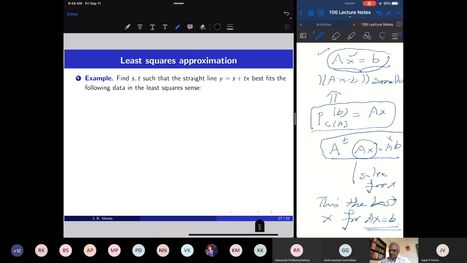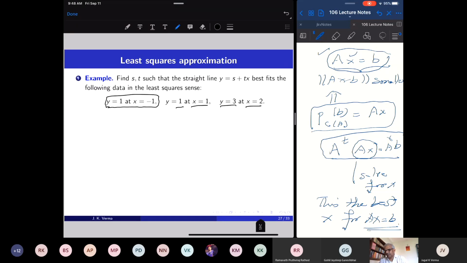All right, so let us take an example. Find s and t so that the straight line y equal to s plus t x best fits the following data in the least squares sense. So this is the data. When x is -1, y is 1. When x is 1, y is 1. When x is 2, y equal to 2.